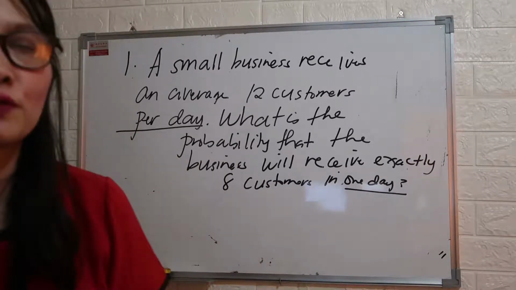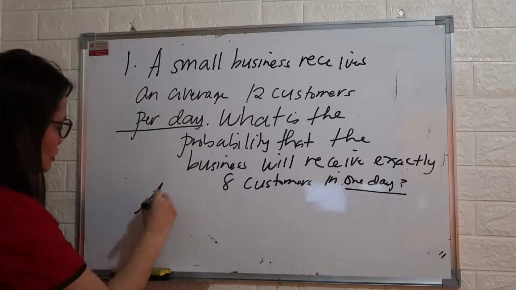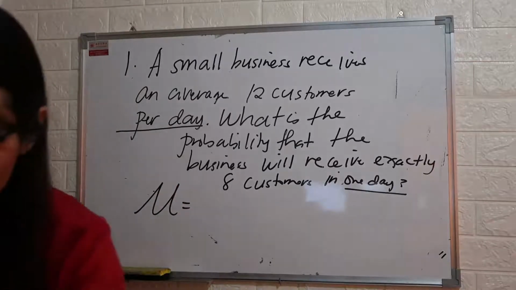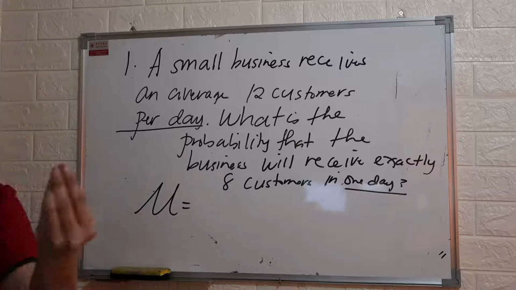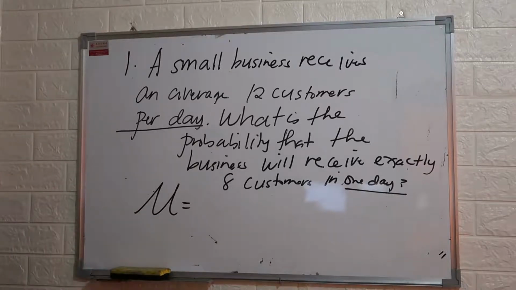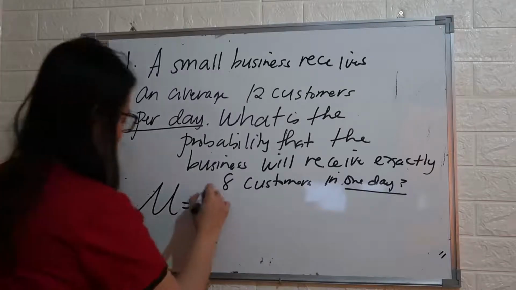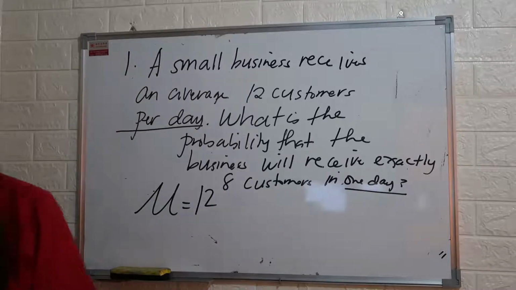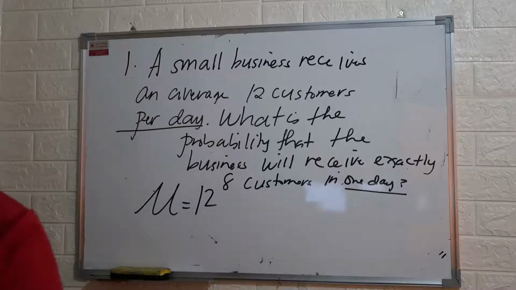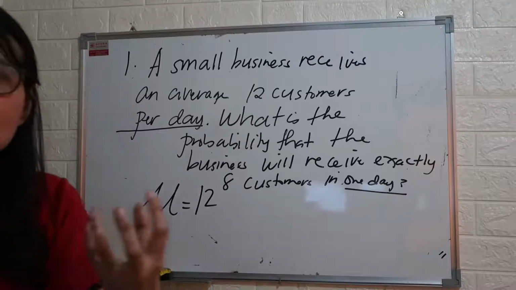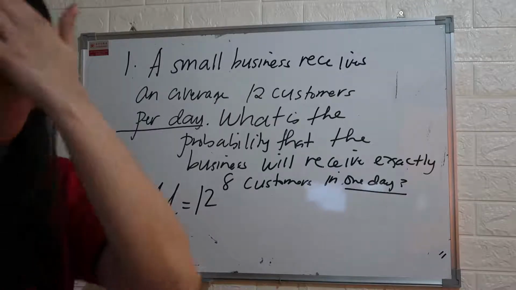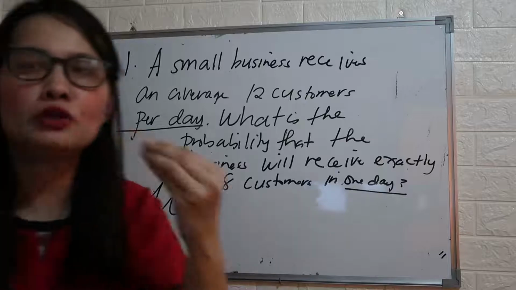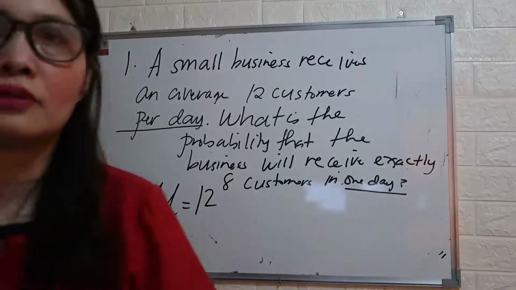How? First, identify the mean, the average. In this example, the average is 12 customers. Now, what do we need to look for? What is the unknown? The probability of 8 customers.